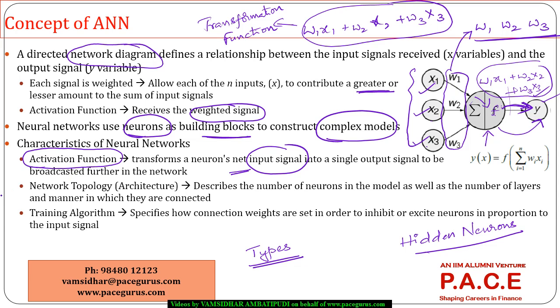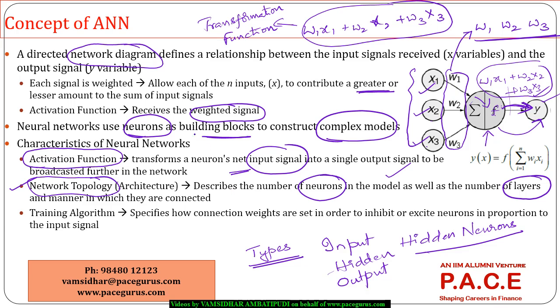We'll talk about them. Then the other important characteristic of a neural network is the architecture of the network, which in other words we call the topology of the network. So how many neurons are there? We typically talk about three types of neurons: input neurons, output neurons, and hidden neurons. We talk about how many neurons are there in the model, as well as how many layers are there.